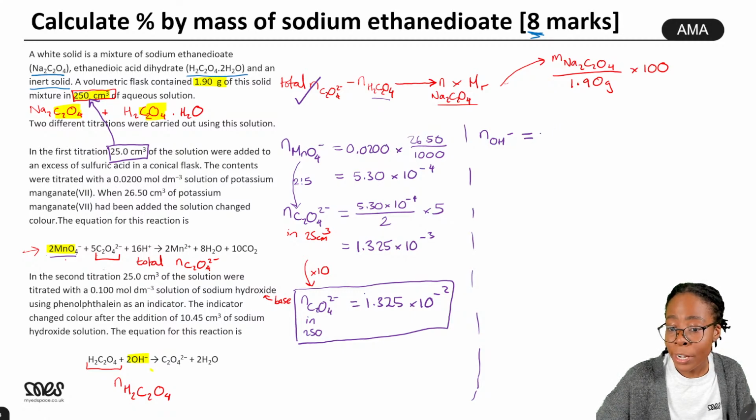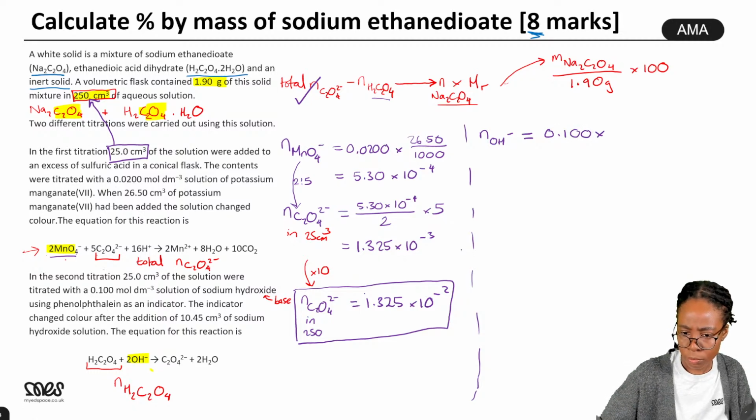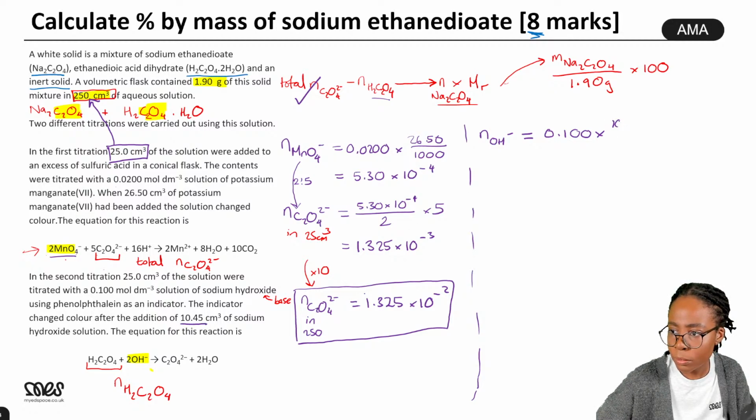So our moles of hydroxide, concentration times volume, 0.1 times, oh, hang on. What's our volume of sodium hydroxide? 10.45. To give us 1.045 times 10 to the minus 3.